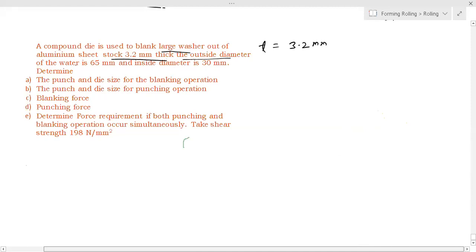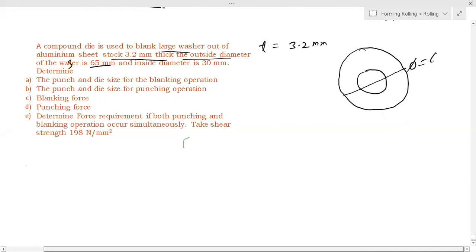The outside diameter of the washer is 65 mm, and the inside diameter is 30 mm. So our aim is to make a washer of this thickness.